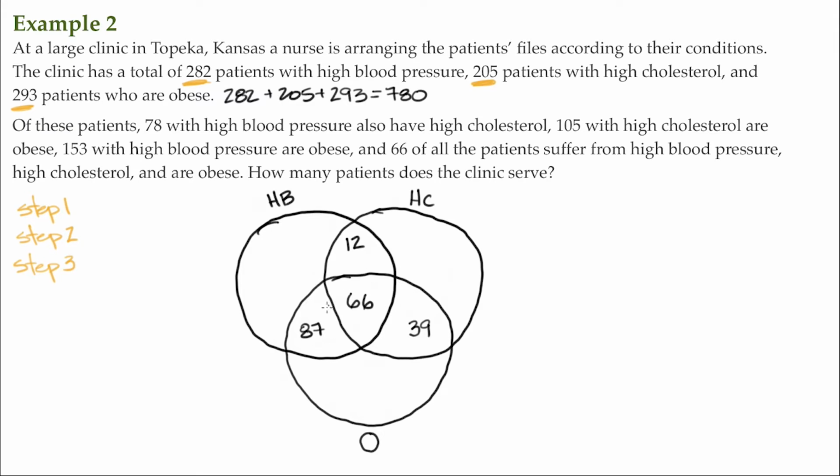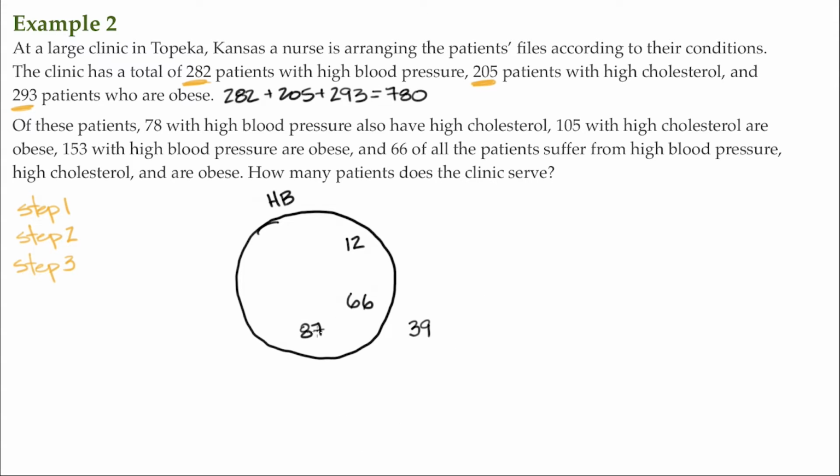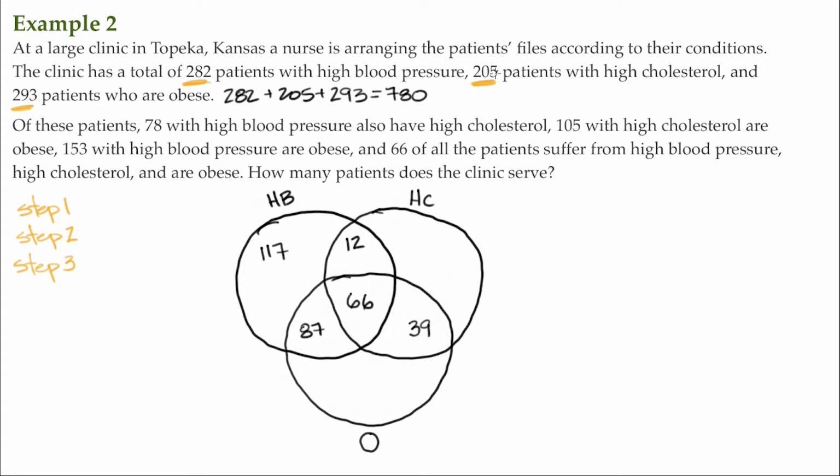Now, those are the overlaps. We still have 282 patients with high blood pressure. That's this circle here. Well, I already have 87, 66, and 12. I need 117 more to get up to the 282. So here's the 282 with high blood pressure. 205 have high cholesterol.